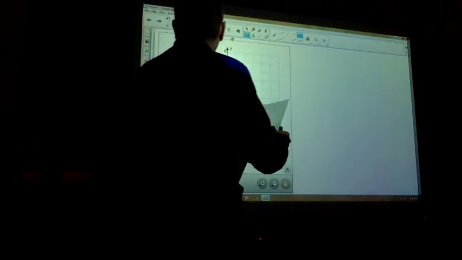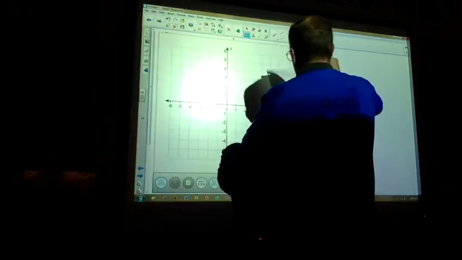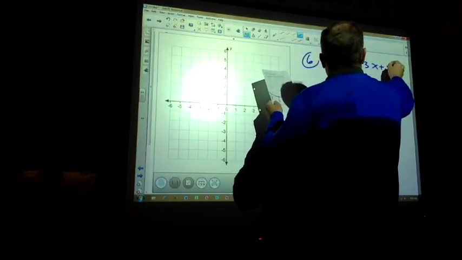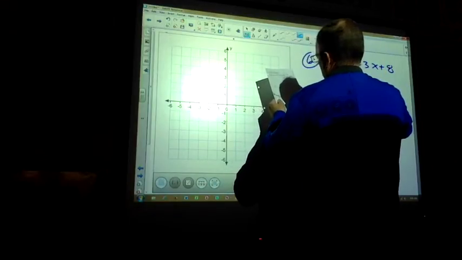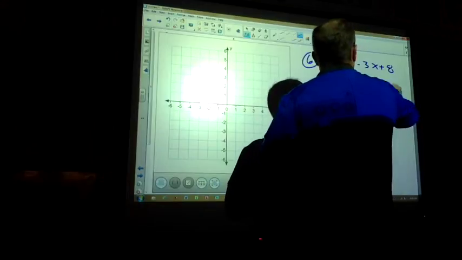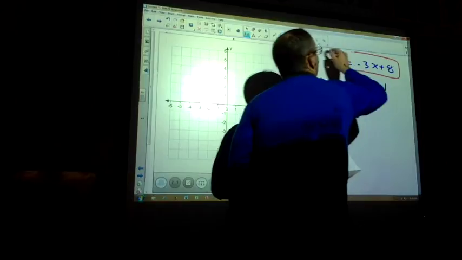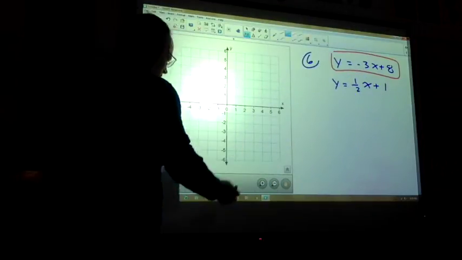All right. So problem number 6 is y equals negative 3x plus 8, and then I get y equals 1/2 x plus 1. I'll graph this one in red. It has a y-intercept of 8. You know what?